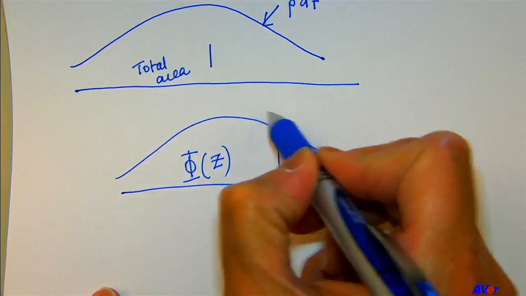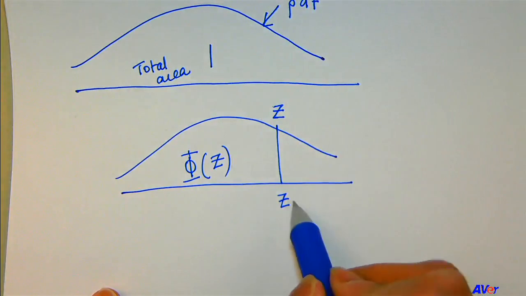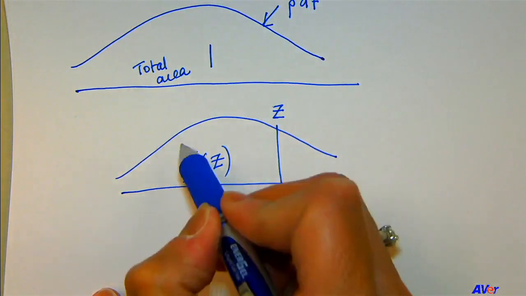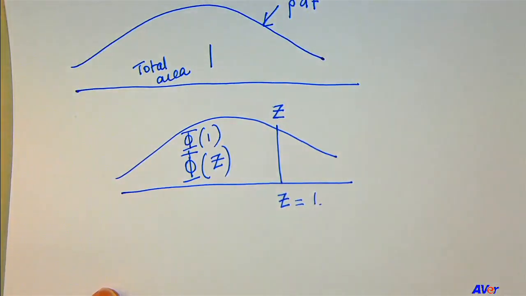Since it's talking about z, this is the z curve. This is the number for z that you're going to look up. So let's say you look up z equals 1. So phi of 1 will give you the area to the left of 1. So what is the area to the left of 1? Can you go look it up on your table? It should be 0.8413, right? I already know it's going to be 0.84 because of the empirical rule, remember?